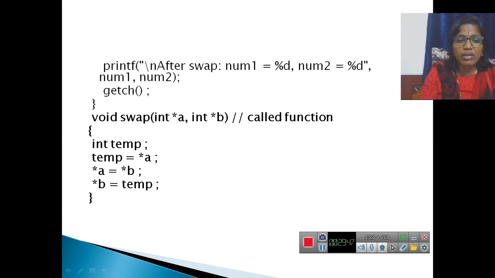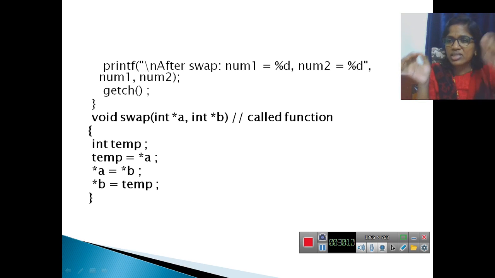When you go inside, you take another variable, temp. The value at this location is passed to this location and the value at this location is passed to this location, and the temporary value is passed to B. So what happened here?